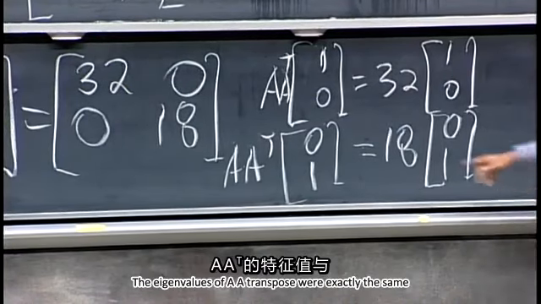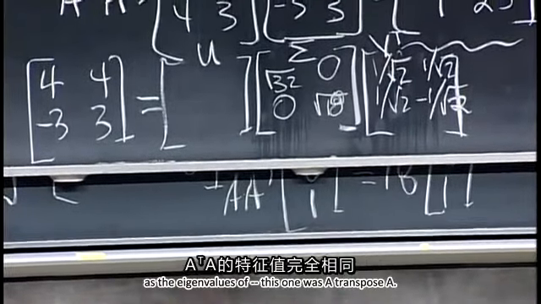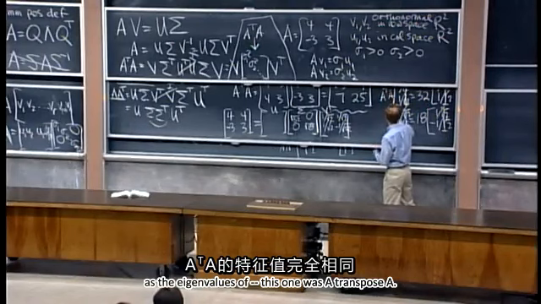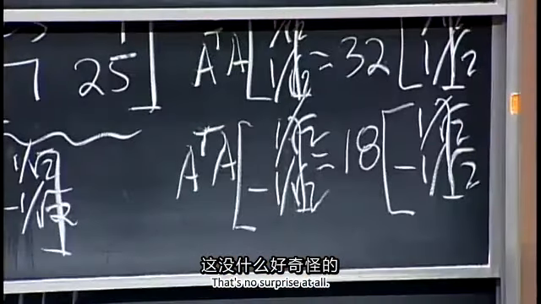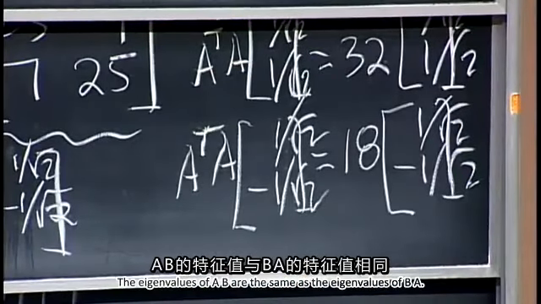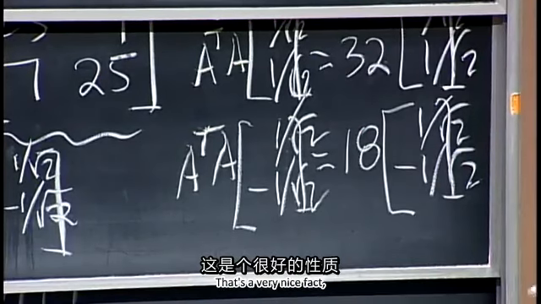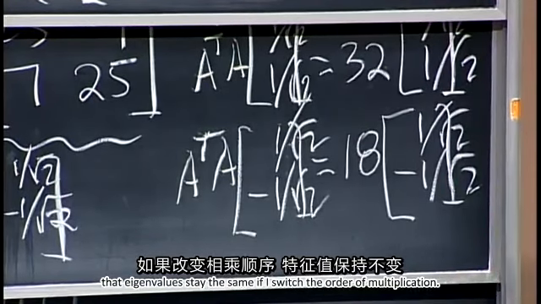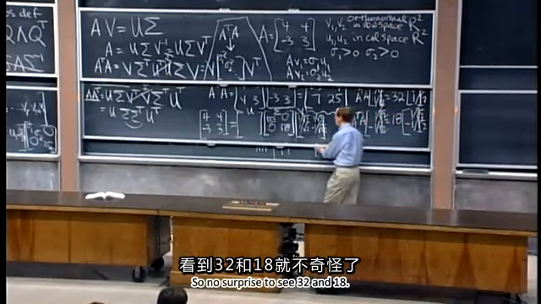The eigenvalues of AA transpose were exactly the same as the eigenvalues of A transpose A. That's no surprise at all. The eigenvalues of AB are the same as the eigenvalues of BA. That's a very nice fact, that eigenvalues stay the same if I switch the order of multiplication. So no surprise to see 32 and 18.